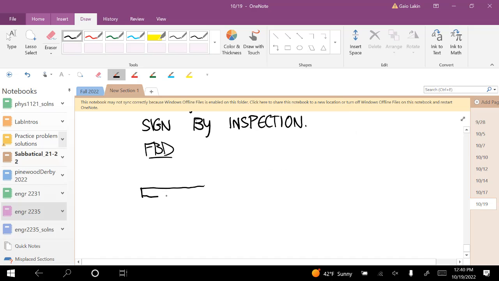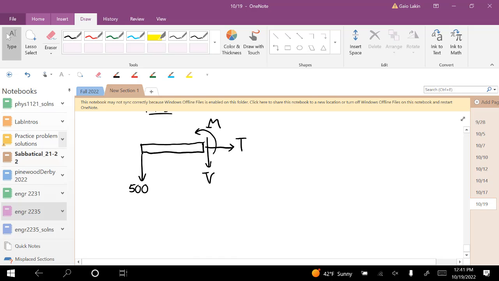So I'm going to redraw this free body diagram we had. We have the downward force of 500. Then we have T, V, and M. So for the moments, this is the about point. This distance is 0.25. Okay, so for the moment equation, the 500 acts through the about point.